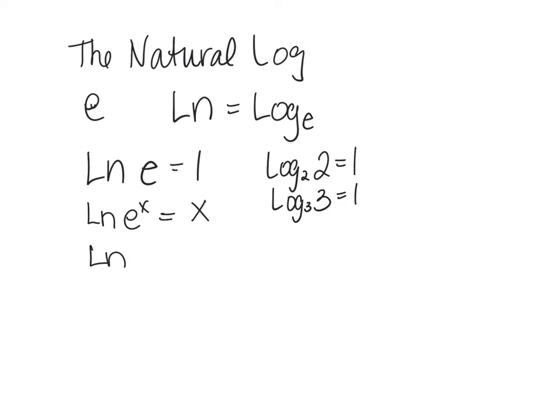If I have ln of e to the 3x, that equals 3x, and so on. So if I have ln of e squared, that equals 2, because it's e to what power equals e squared? Well, the answer is 2. We'll talk about graphing these functions in a separate video.